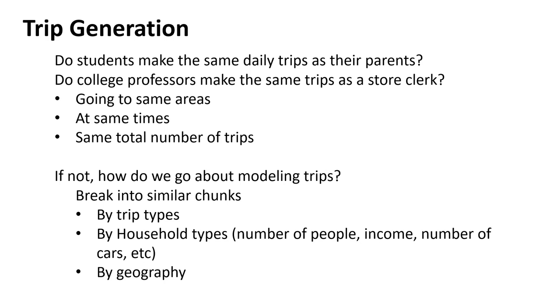If we can classify areas and locations into more typical breakdowns, then we can start doing a better job of modeling. So by trip types is how we like to do it. If we know people are going to work, that's a more consistent type of trip. If we know you're going to go shopping, there's a lot more variation because people shop in different places. We can also break it down by household type, and it could be by age of the residents.